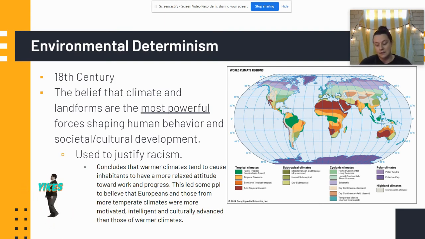And the idea cultural ecologists were spreading in the 18th century is that these warmer climates, which you can see on this climate map, remember, if it's close to the equator, it's going to have a more tropical, humid, hot environment, right? These warmer climates cause people who live there to be relaxed and lazy, and they almost went as far as saying uneducated or unintelligent. So cultural ecologists were saying environmental determinism is the only factor that matters.